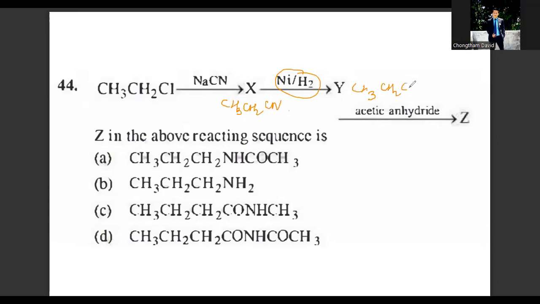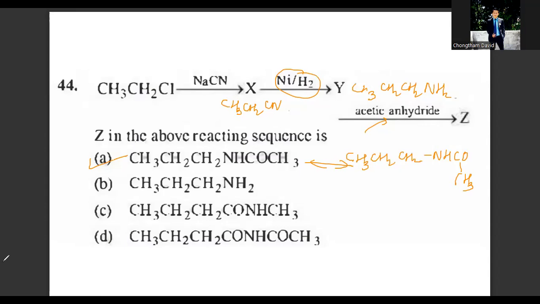Can you name this amine? Propanamine. On further treatment with acetic anhydride it forms CH3CH2 amide, a secondary amide. The answer will be Z, yes, these two are very closely the same structure.